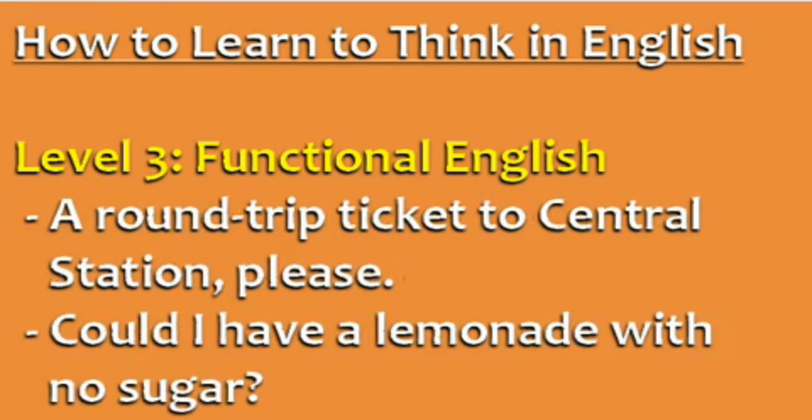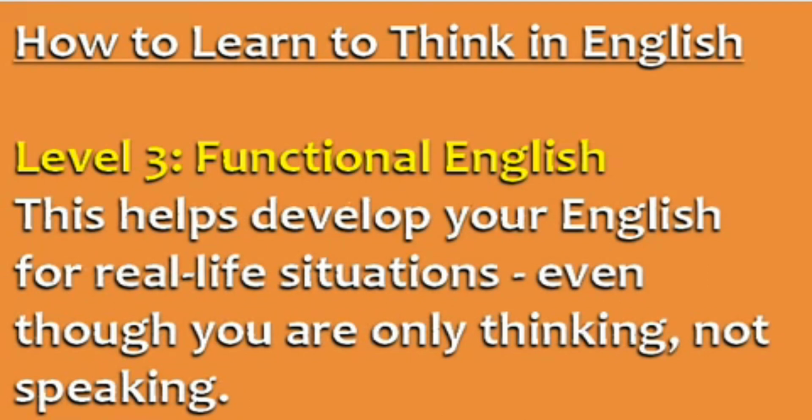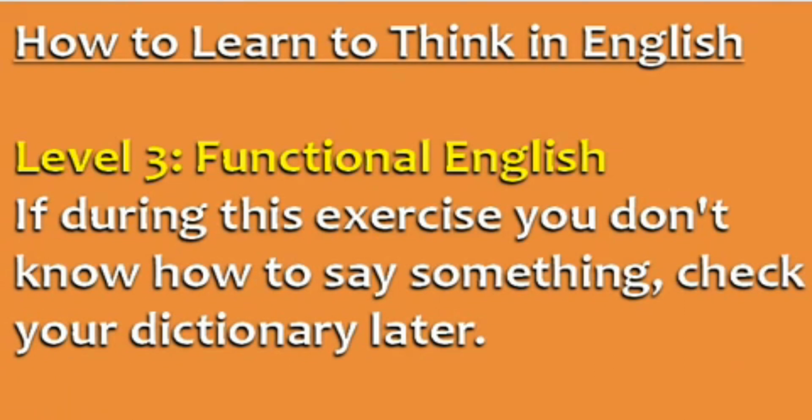"A round-trip ticket to Central Station, please. Could I have a lemonade with no sugar?" This helps develop your English for real-life situations, even though you are only thinking and not speaking. If during this exercise you don't know how to say something, check your dictionary later.